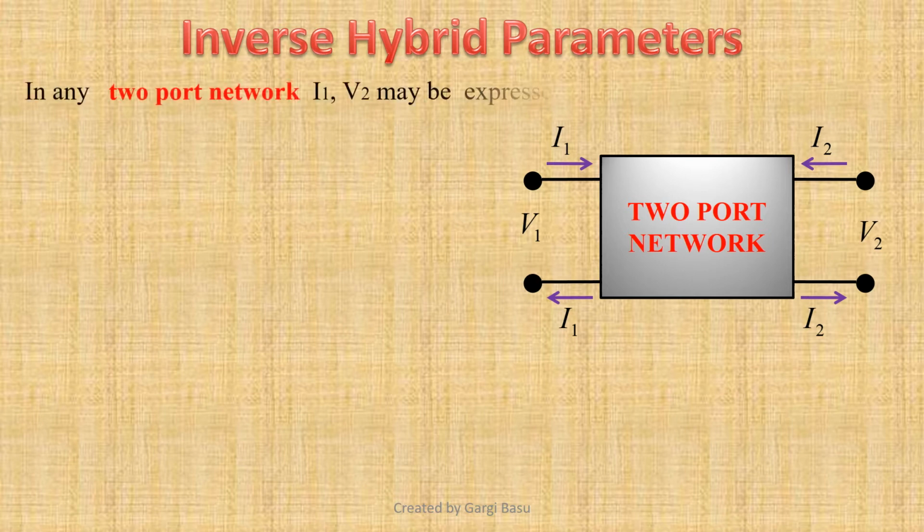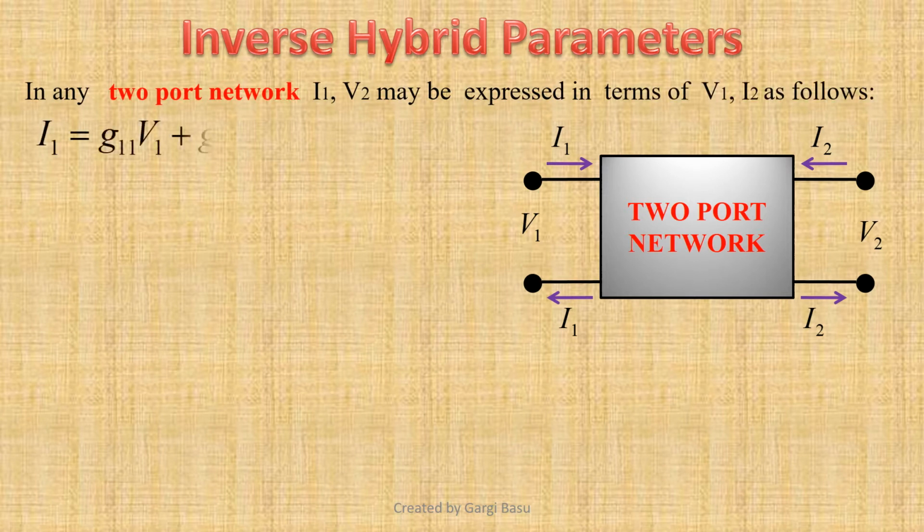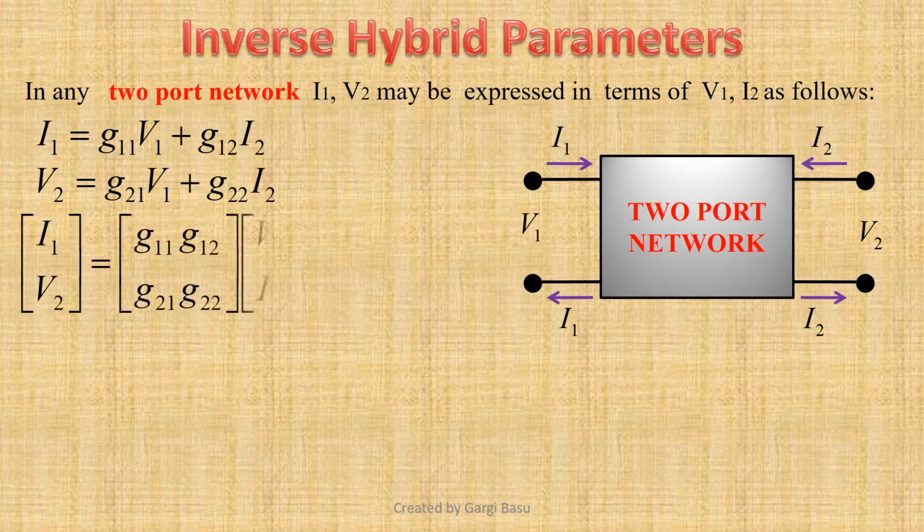The linear equations used in this case are I1 equals G11 V1 plus G12 I2 and V2 equals G21 V1 plus G22 I2. These two equations may be written in matrix form as follows. Matrix of I1, V2 equals matrix of G11, G12, G21, G22 times matrix of V1, I2.